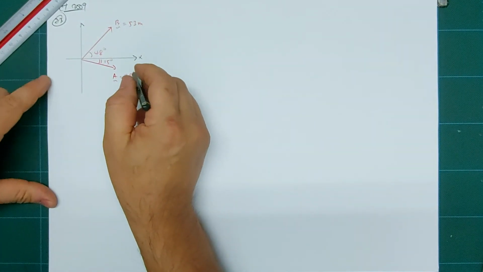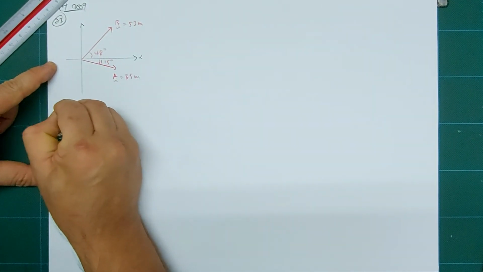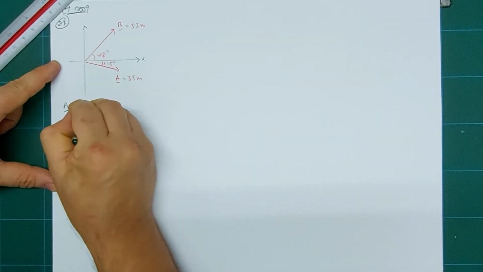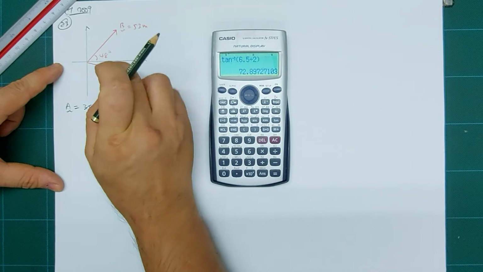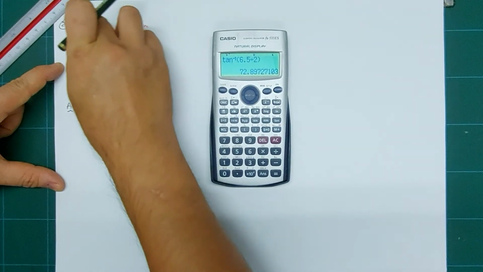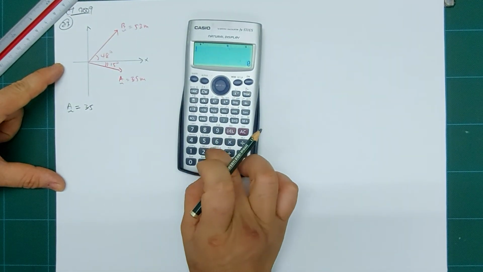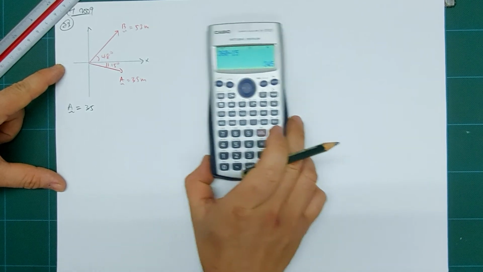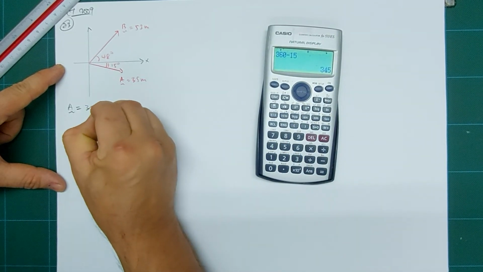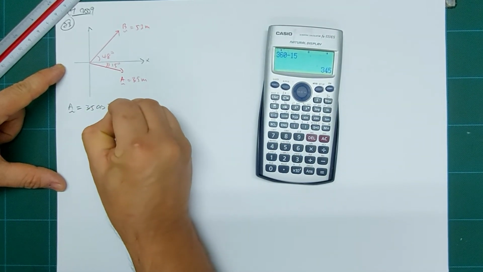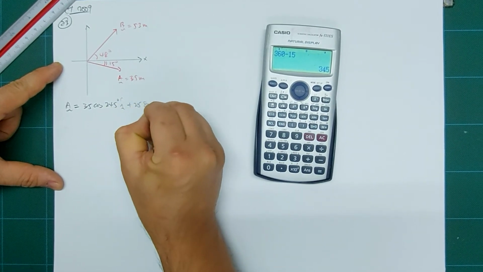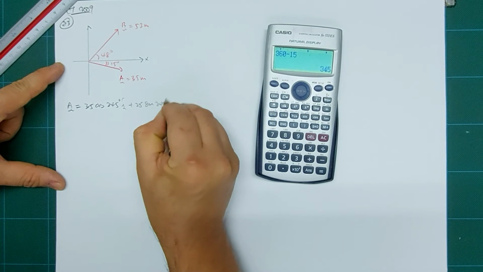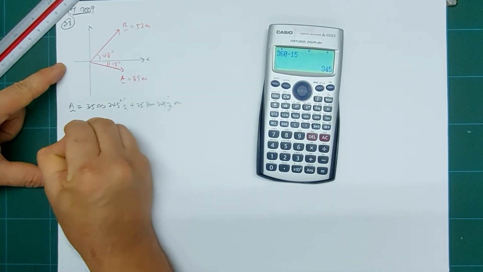So first we split them into components. Vector A is 35. Now the angle of this vector from the positive x direction going counterclockwise is 360 minus 15, so it's 345. So we have 35 cosine 345 i, and then 35 sine 345 j, everything in meters.